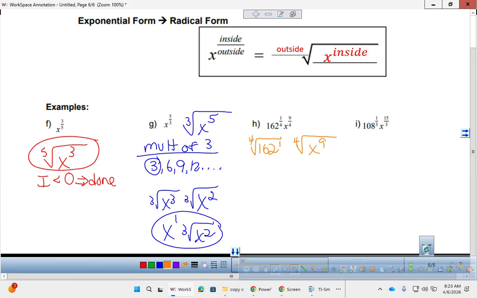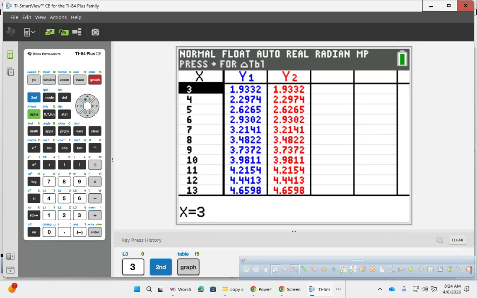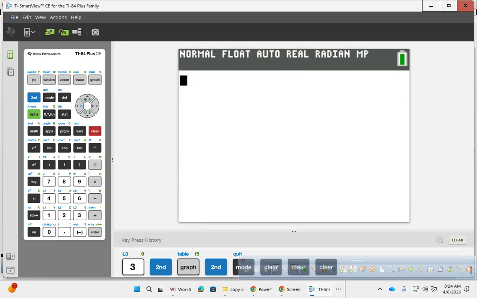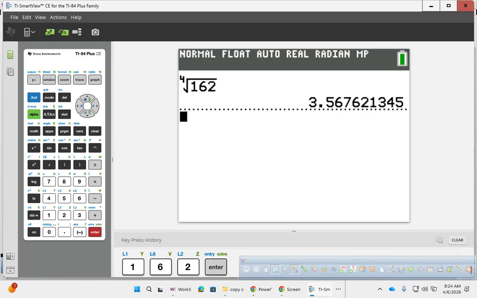The way that I handle that 162 is not the same way that I handle that x to the 9th. So 162 to the 1st is still just 162. I'm going to math 5 that, but it's a decimal.